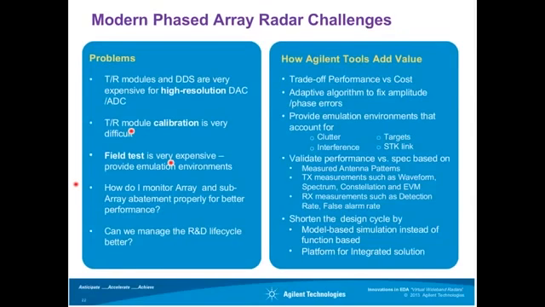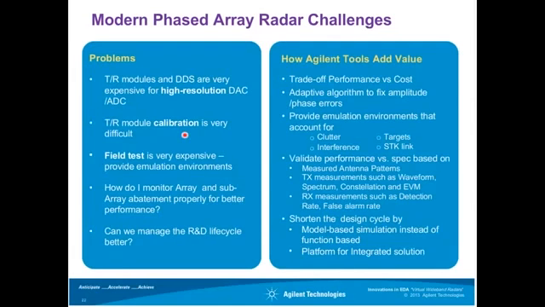And the TR module calibration becomes very difficult because with so many TR modules there, the random parameters will affect the whole performance. Sometimes they're out of control. Some adaptive algorithms can be introduced in SystemVue to do this.